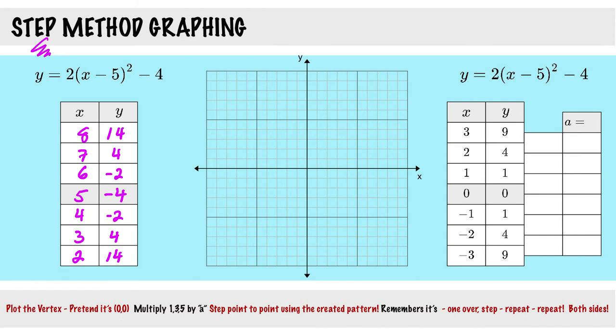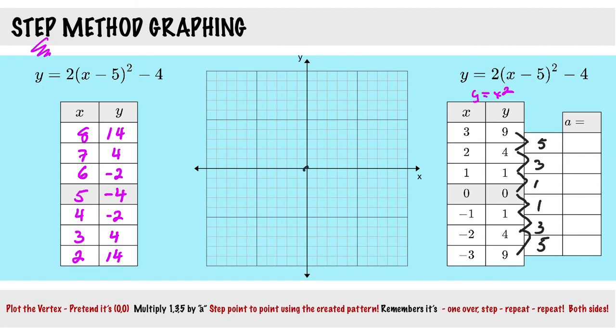Here's your original table of values for y equals x squared. The steps of y equals x squared will be 1, 3, and 5. That's the difference between each of the original values. And it's the same if you go to the right or to the left. It's 1, 3, and 5.